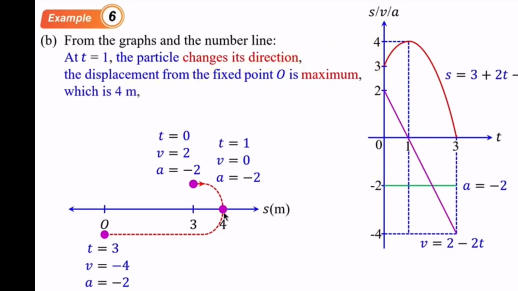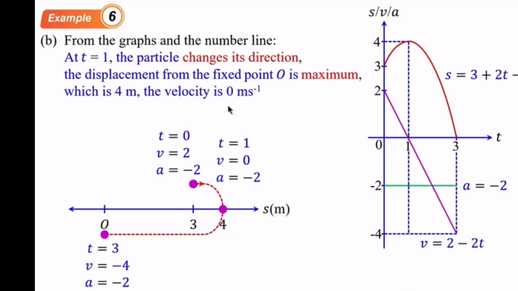Okay, so we have described the displacement, the so-called maximum displacement, and then the acceleration at that moment when the time equal to 1 is actually still the same. The acceleration does not depend on the time, but the velocity was 0 meters per second, because the particle stopped, isn't it?